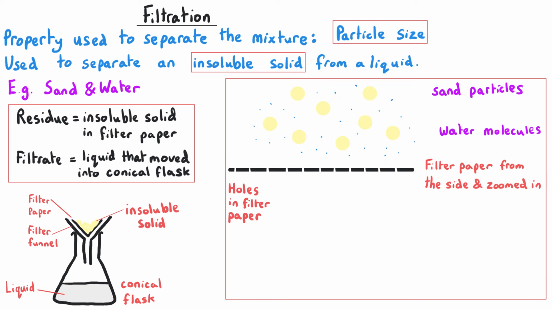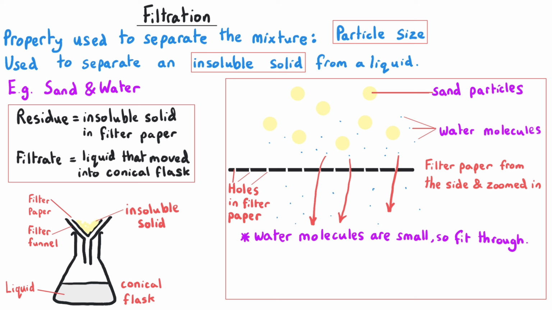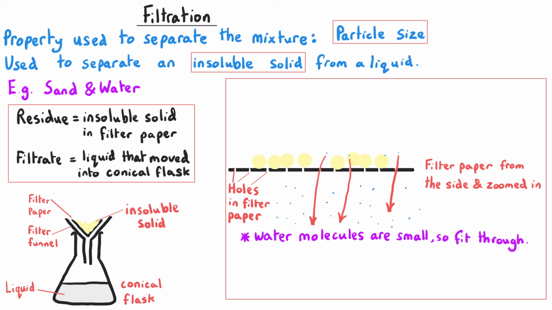This works because the sand particles are much larger than the water molecules, and filter paper actually has a series of holes or pores in the paper itself. The water molecules are small enough to pass through these holes, but the particles of the sand are much too big, and so they get trapped on the top of the paper and are unable to pass through.